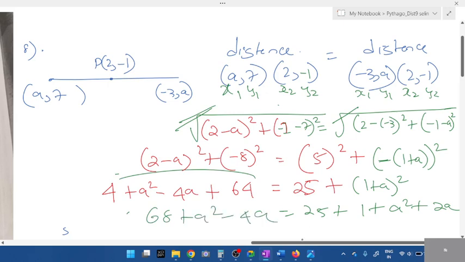Shift all the numbers to one side. Shift the values. Find the value of a.